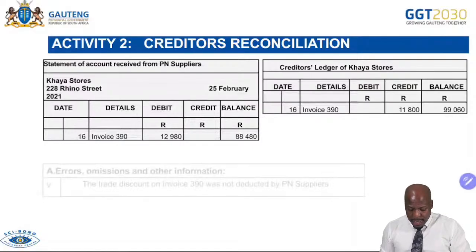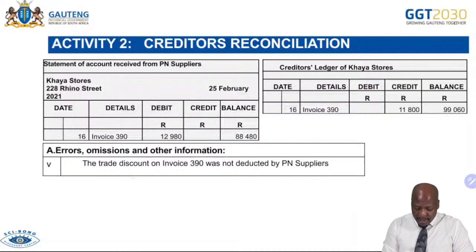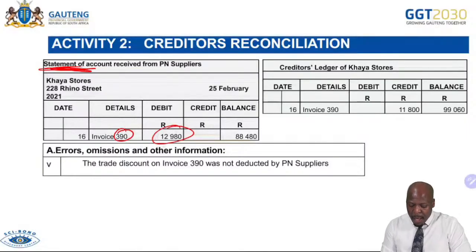The next one is error number 5, and it reads, the trade discount on invoice 390 was not deducted by PN Suppliers. All right, so you will realize that on invoice 390, according to the statement, the amount must be 12,980. But according to us, in the ledger, the amount must be 11,800.